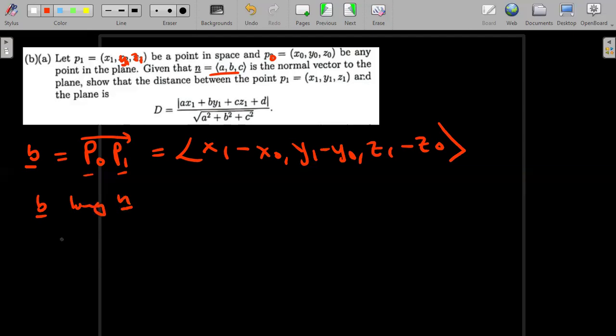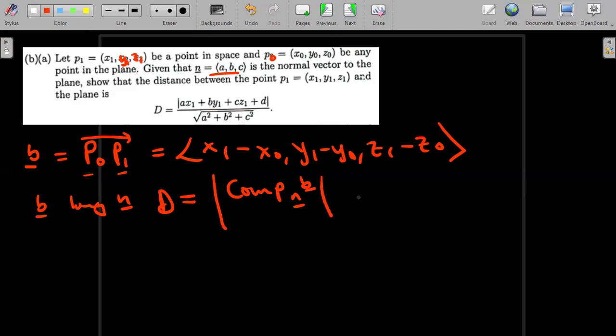So it's a projection, and by vector projection, we say d, the distance, is the vector projection of B along n, like that.